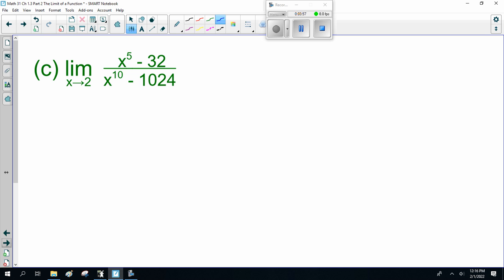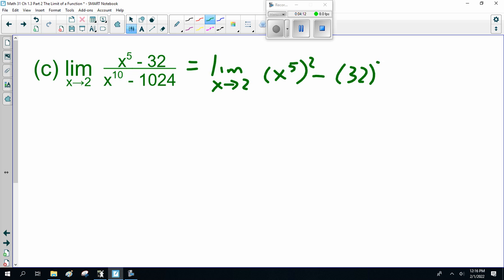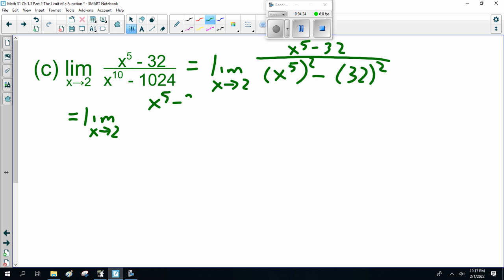Well, this one, if you think about it, x to the 5th and x to the 10th, that's actually x to the 5th squared minus 32 squared over x to the 5th minus 32. So this is actually a difference of squares. I agree, not immediately obvious, which is why I'm giving you a hand with it.